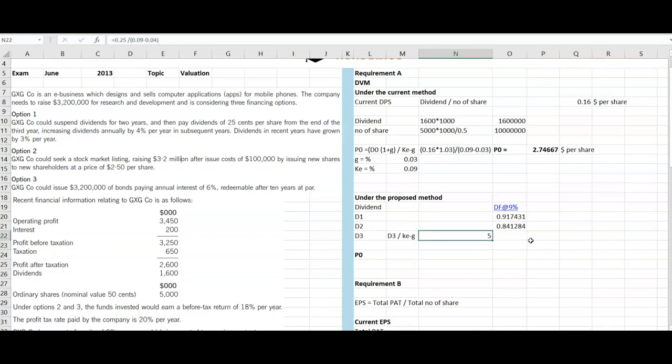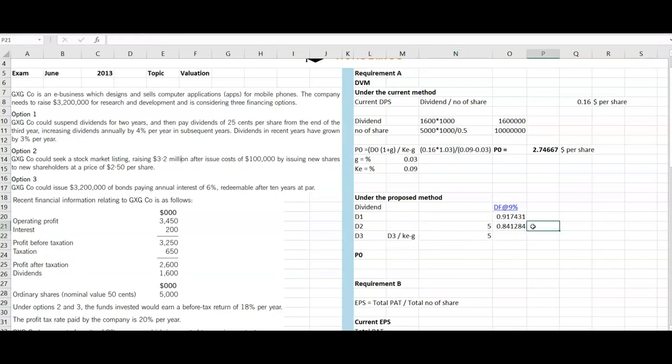The answer is 5. So we are going to perpetually receive $5. That is what it is mentioning. So D3 divided by KE minus G gives 5. Once you have done KE minus G, this 5 will actually become D2.